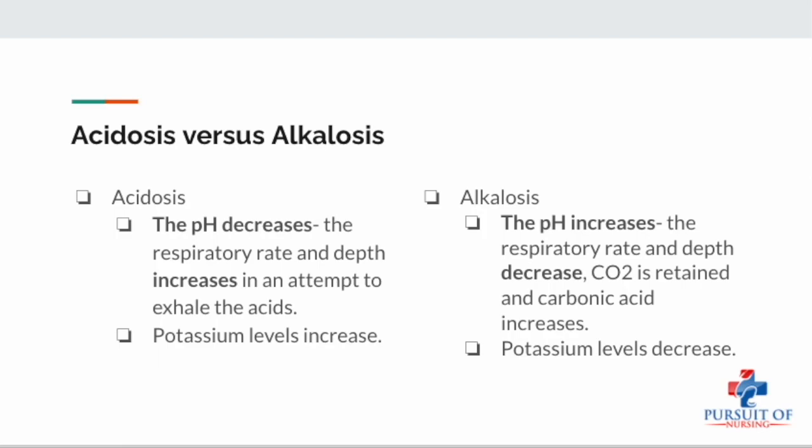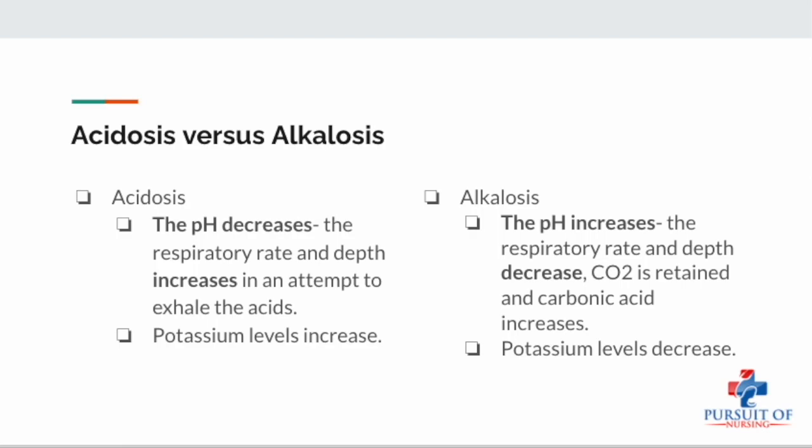Whereas in alkalosis, it's basic, so your pH level increases, and then your respiratory rate and depth will decrease. So the CO2 is retained, and then the carbonic acid increases, therefore decreasing the pH to a more acidic value. And then in alkalosis, your potassium levels decrease.